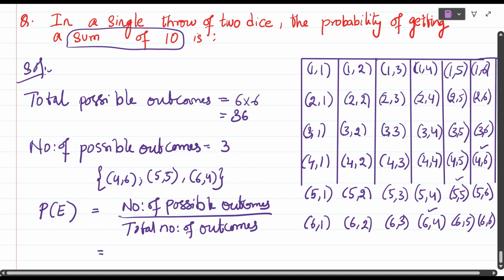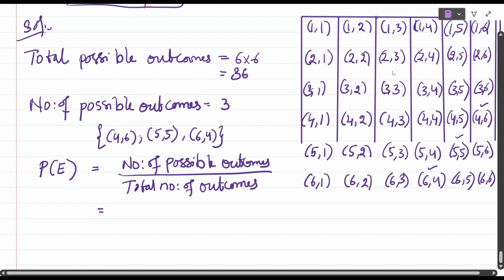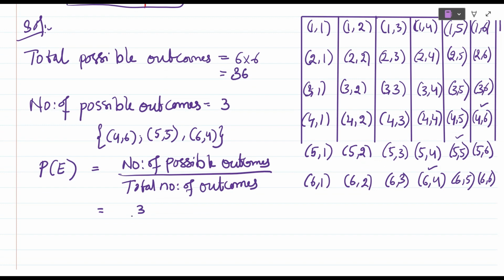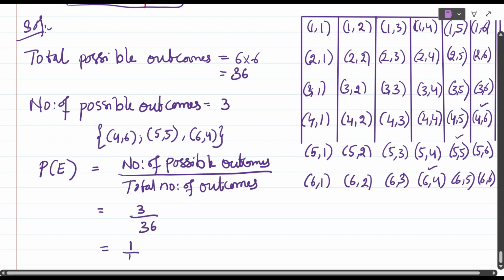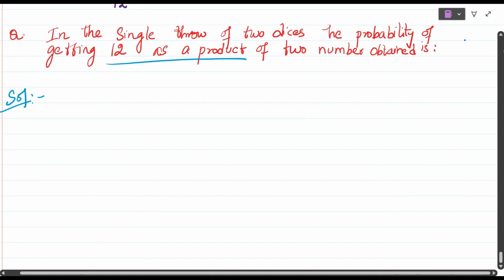So what is the answer, students? How many, 3 possibilities out of 36? So the probability is 1 by 12. Did you understand, students?